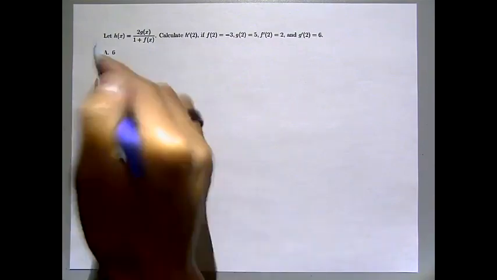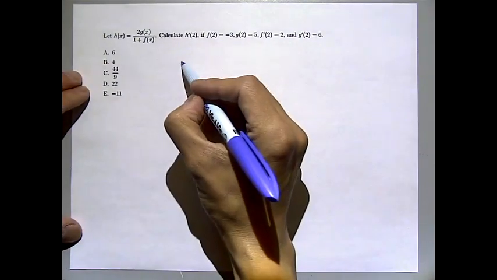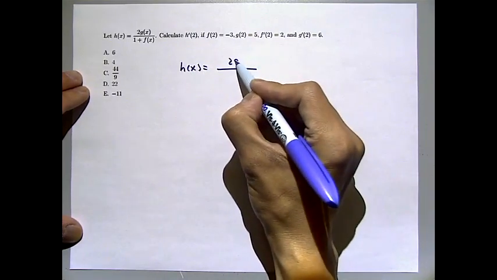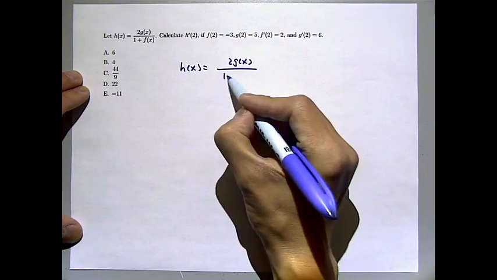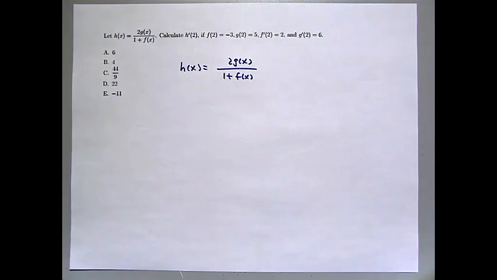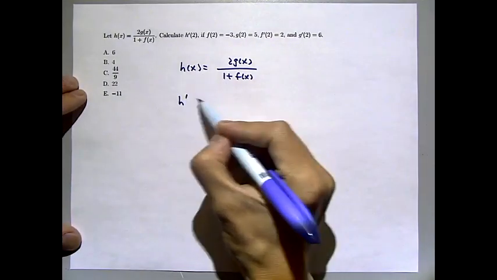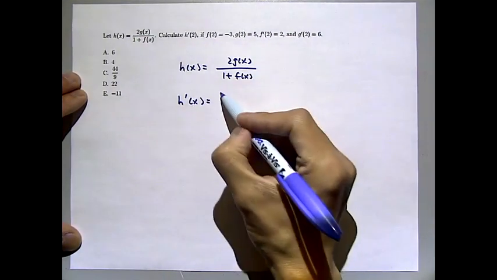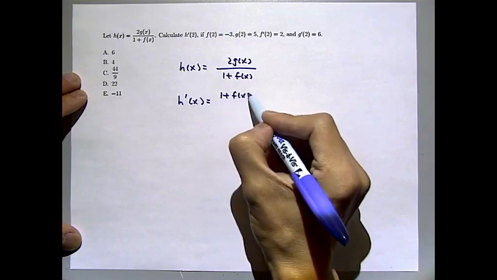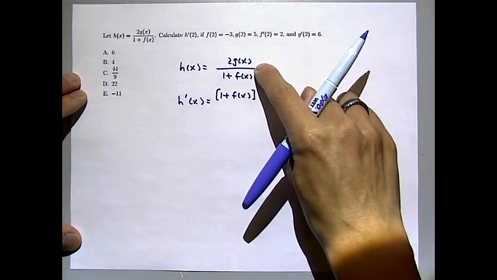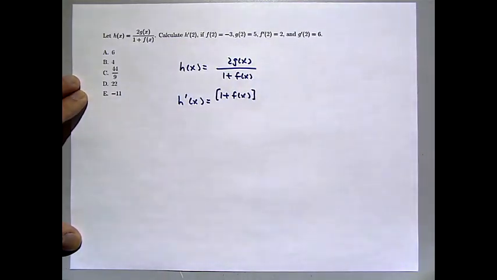First thing we do is we take the derivative of h. We don't know what f and g are, but we assume they are differentiable. So therefore, when we differentiate them, we just get f prime and g prime. Starting with the quotient rule: low d high. We don't know what g is, but its derivative is g prime, right?